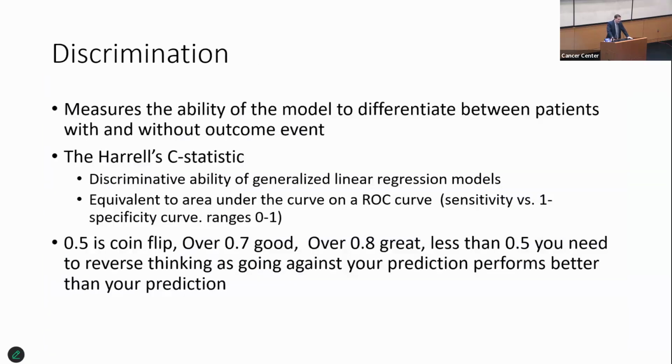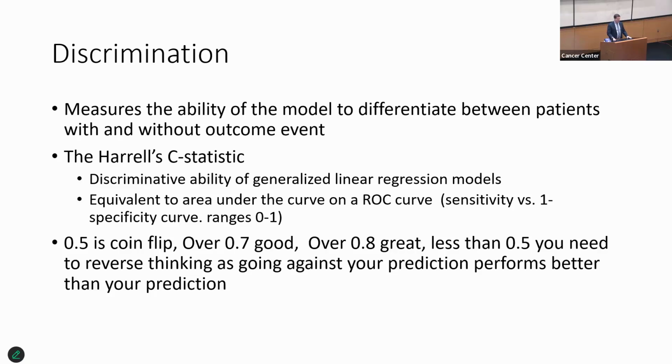Okay, so then to look at a risk prediction model, the first thing we have to look at is something called discrimination. Discrimination measures the ability of a model to differentiate between patients with and without an outcome. The classic way people do this is a Harrell C statistic that shows the discriminative ability of a generalized linear regression model. And it's equivalent to the area under the curve of a receiver operating characteristic curve. I think most of you have probably seen those.